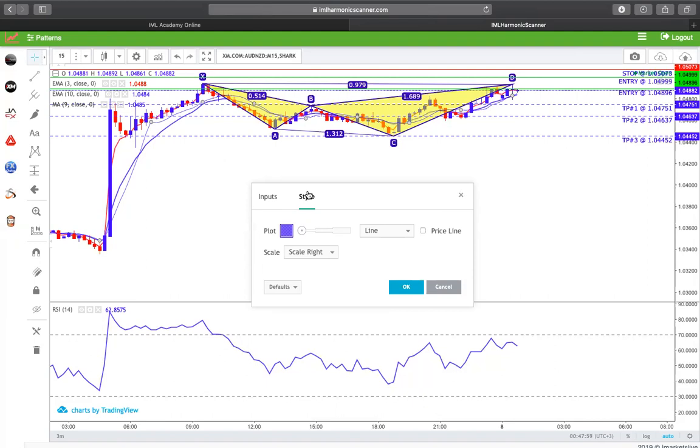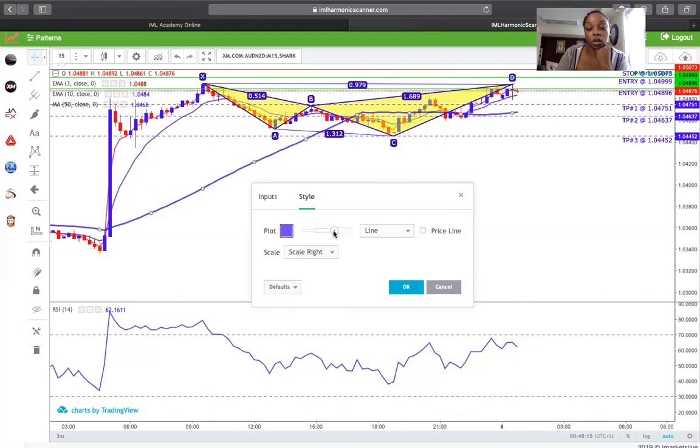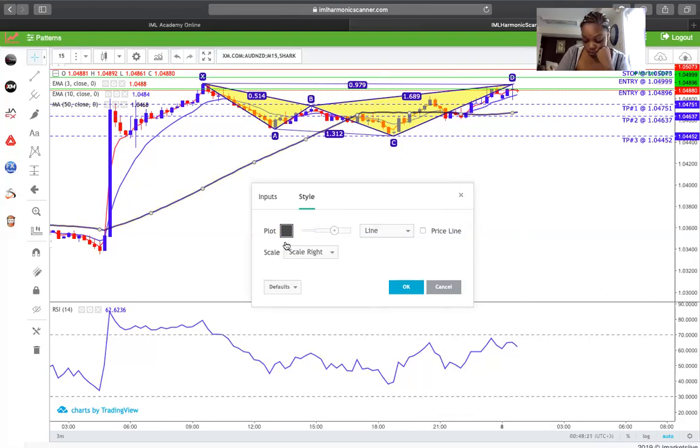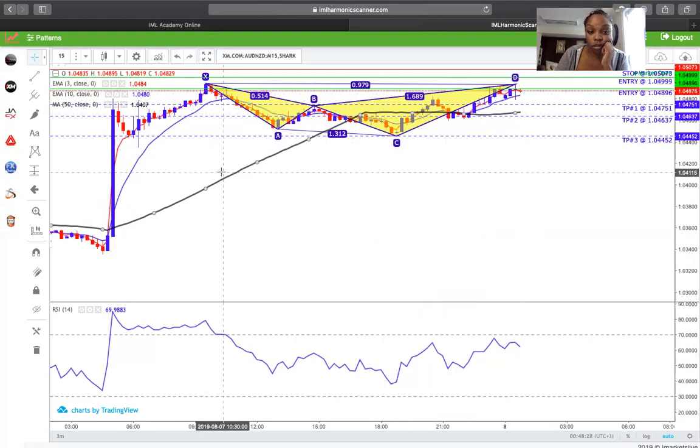Putting 1 gives it a little bit of a shift, and you can kind of see the lines better. It's totally up to you, though. And then I make this one super thick because this is just the regular average. And then this one is black. And then okay, and then your moving averages are set.